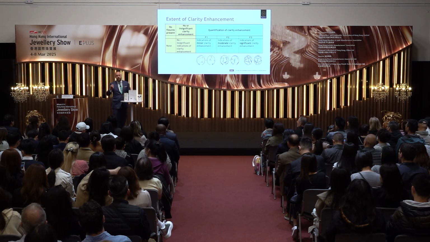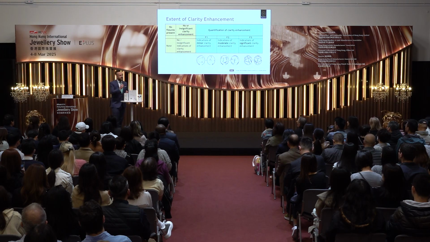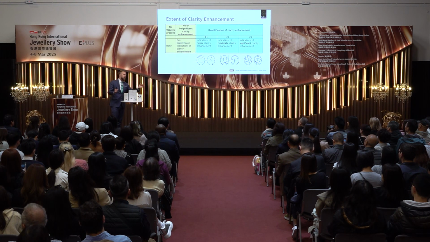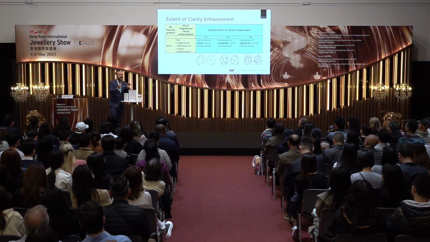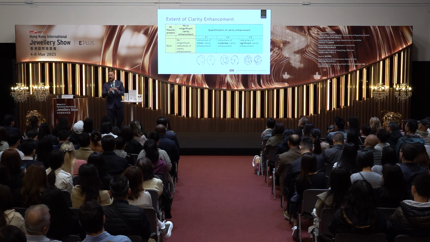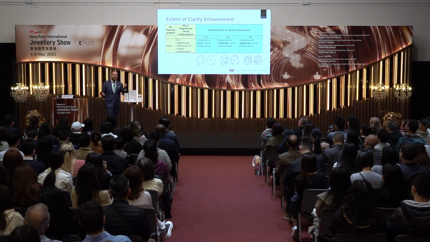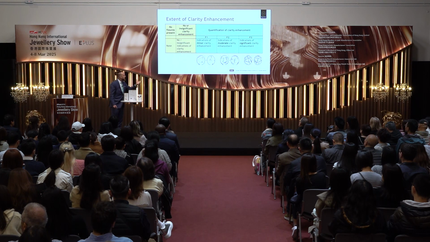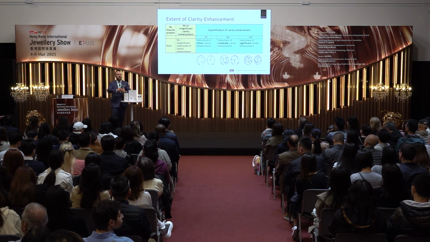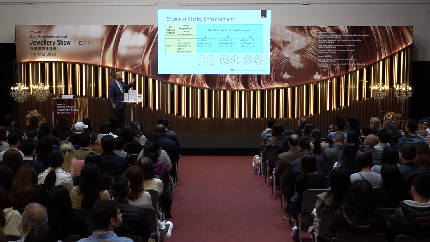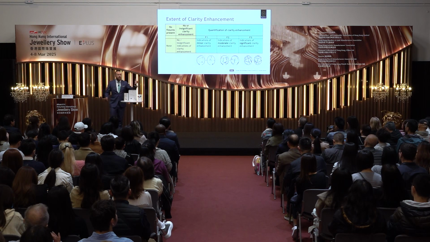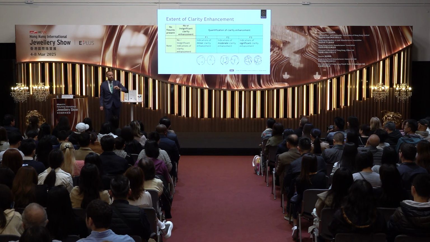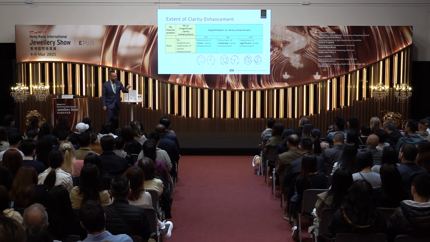Basically, it comes down to what is the difference between this stone in the current treated state and that stone in an untreated state. If we take all the clarity enhancement out, how big would the difference be? If the difference is very minimal, it would be a minor. If the difference is pretty big, it would be a moderate. If the difference is going to be enormous, it is going to be a significant. So that is taken into account, like how different would this stone look before treatment and after the treatment that we currently see.